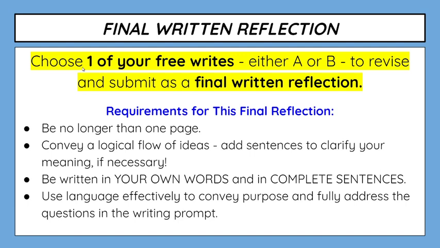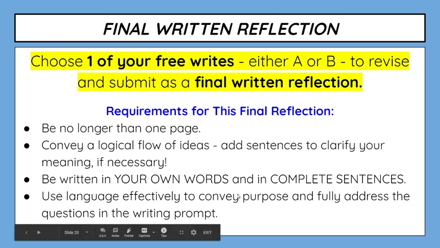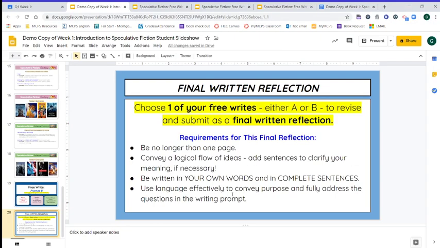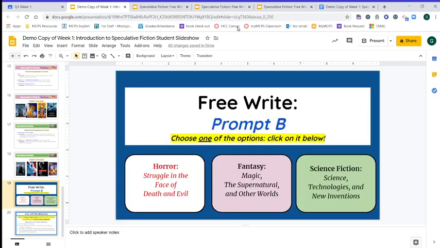Finally, choose one of your free writes, either A or B, to revise and submit as a final written reflection. No longer than 1 page, so keep it short, guys. Logical flow of ideas, it should make sense. Written in your own words, no plagiarizing. Language effective to convey the purpose. That means you are actually answering the question in the free write.